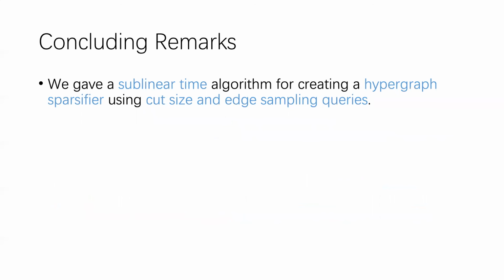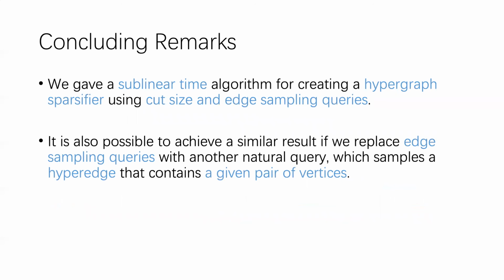In conclusion, in this work, we give a sublinear time algorithm for creating a hypergraph sparsifier using cut size queries and cut edge sample queries. And we note that it is also possible to achieve a similar result if we replace edge sampling queries with another natural query, which samples a hyperedge that contains a given pair of vertices.